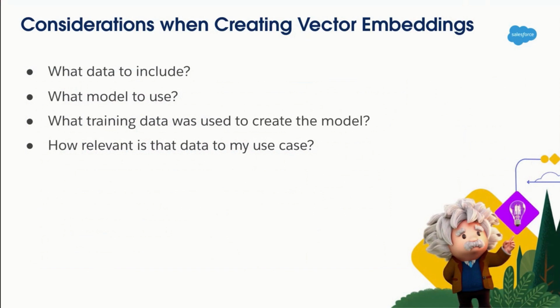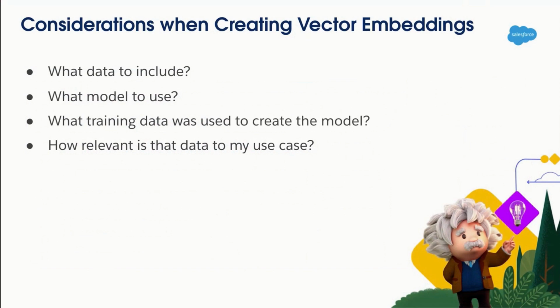The next thing to think about is what model to use. And in that, you'll want to think about how was that model created? What training data was used to create the model? And in general, the training data that is closest to the data that you are using is going to give you the best results.